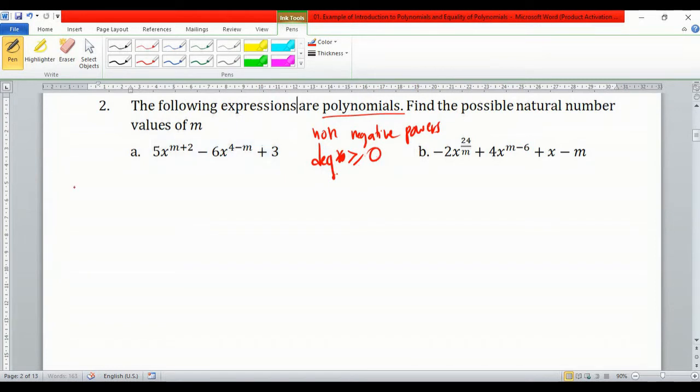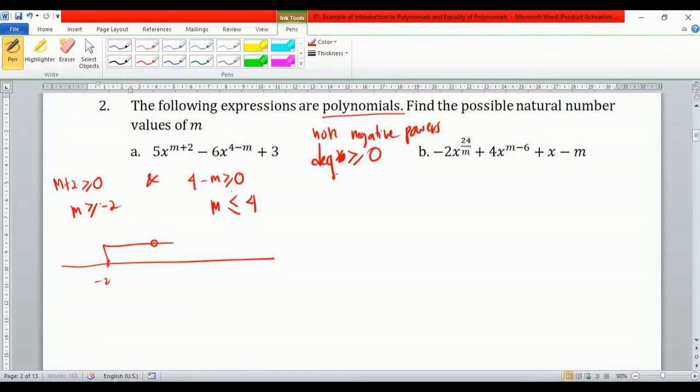So from number a, we can see here that m plus 2 is more than or equal to 0, so we get m is more than or equal to minus 2. And then 4 minus m is more than or equal to 0, so we get m less than or equal to 4, everyone. From here, if you want to make it easier, you can make a number line.